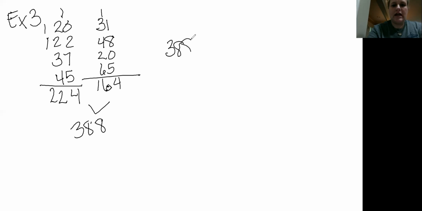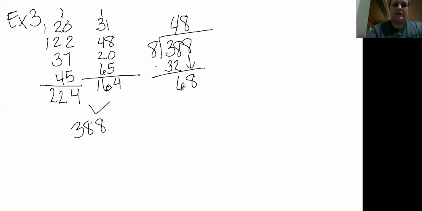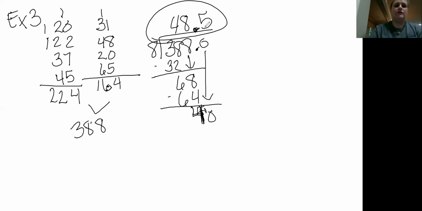So 388 divided by 8. 8 times 8 is 64. Add a decimal, 0.5, so 48.50.